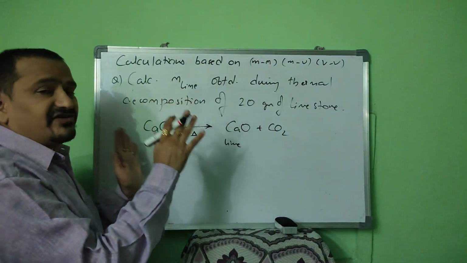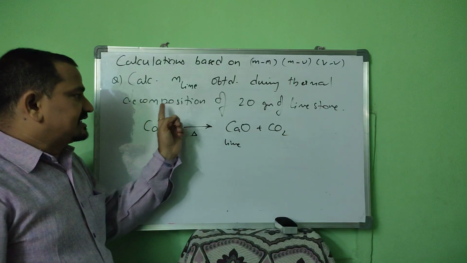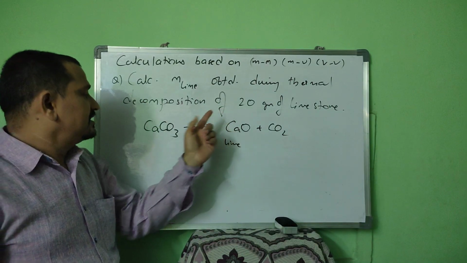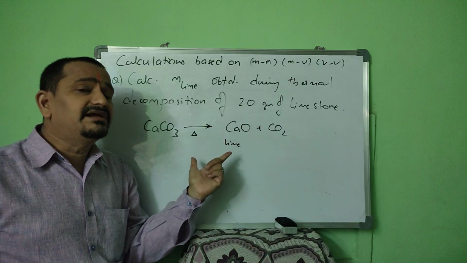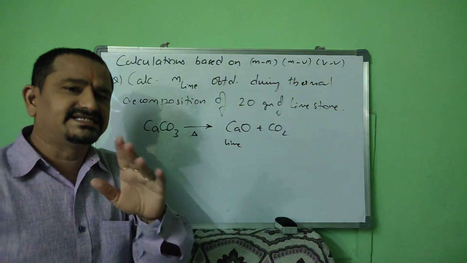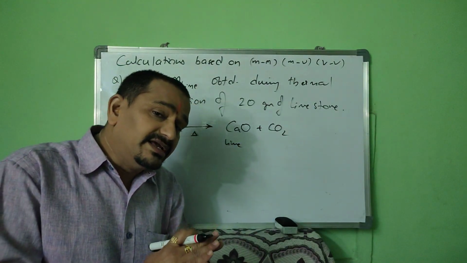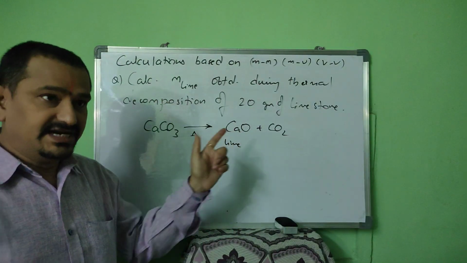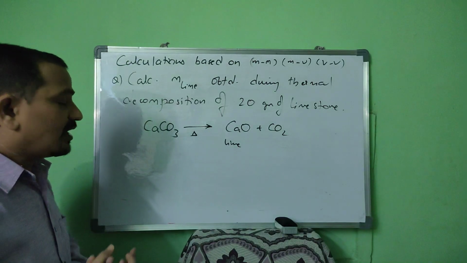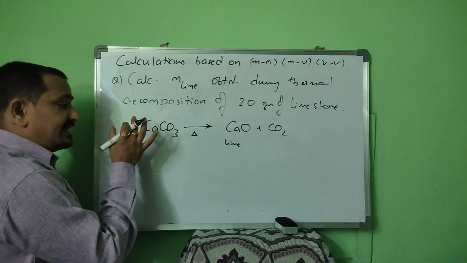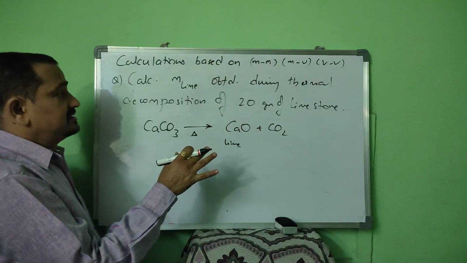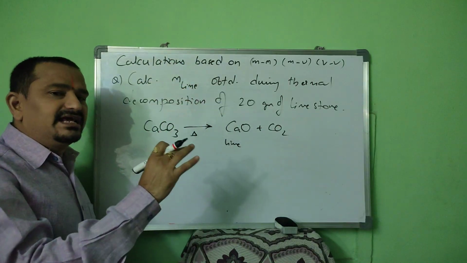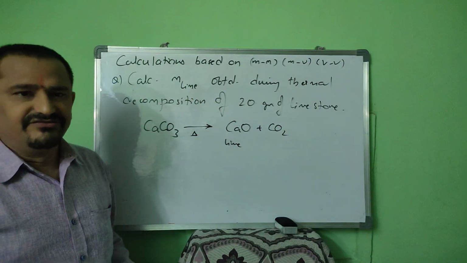So, this is step 1. Observe the chemical procedure given in the question and write its relevant completely balanced equation. What is step 1? Write the completely balanced equation. It is completely balanced. Now, in this particular balanced equation, the question is actually dealing with which two compounds, which two substances.